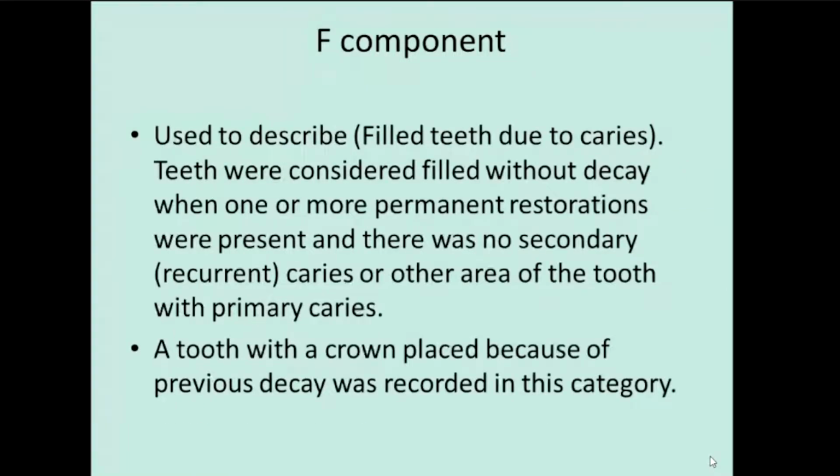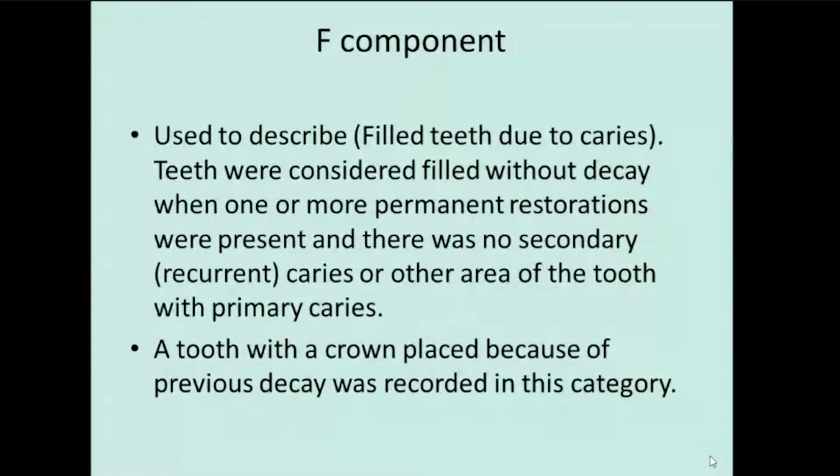The F component of the DMF index is used to describe filled teeth due to caries. Teeth were considered filled without decay when one or more permanent restorations were present and there was no secondary recurrent caries or other area of the tooth with primary caries. A tooth with a crown placed because of previous decay was recorded in this category.